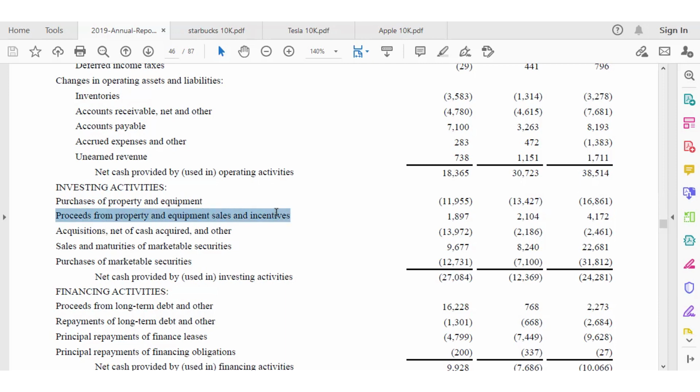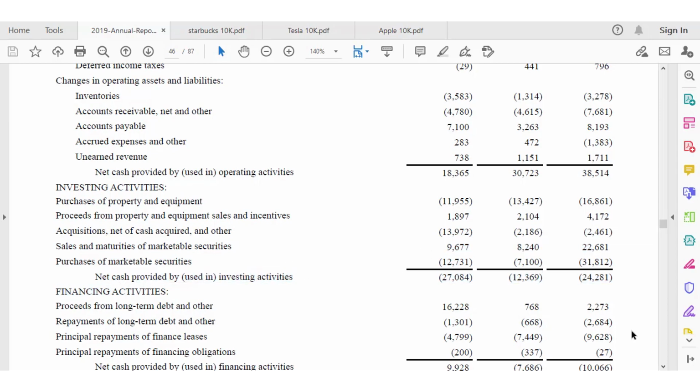Proceeds from PP&E, because you sold them, it's an inflow of cash. Acquisitions, net of cash acquired, and other. So this is when you've acquired other assets. So again, you've acquired assets by paying via cash. And sales of marketable securities. So let's just say you've sold shares and other derivatives. Because you sold them for cash, it's an inflow of cash.